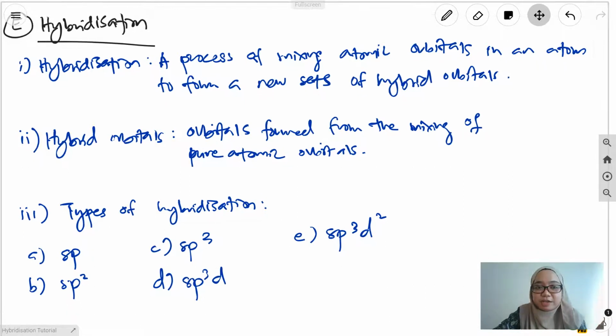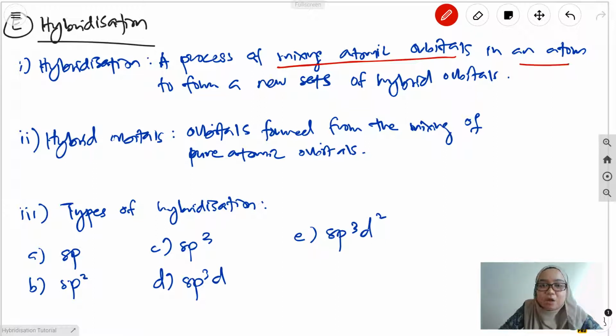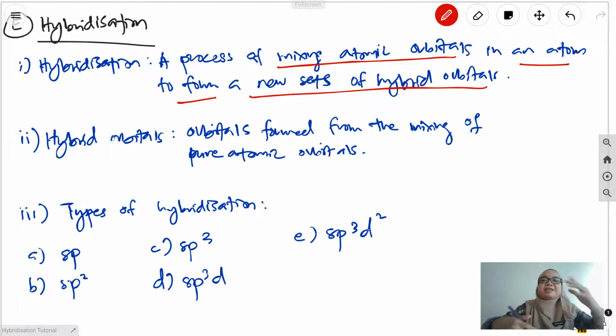So what is hybridization? Hybridization is a process of mixing atomic orbitals in an atom to form a new set of hybrid orbitals. So they mix, for example, s and p and d, they mix all the atomic orbitals in the atom to form a new set of hybrid orbitals.